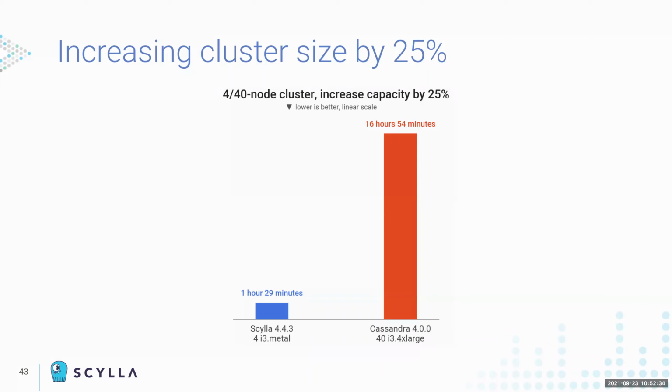While in Scylla's case, you'll be done within 1.5 hours. So it's an easy operation to perform in a day. You don't have to prepare a big time slot to increase the capacity of the cluster.